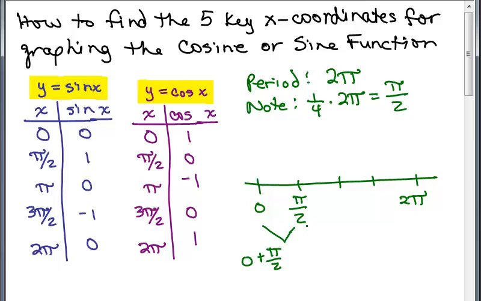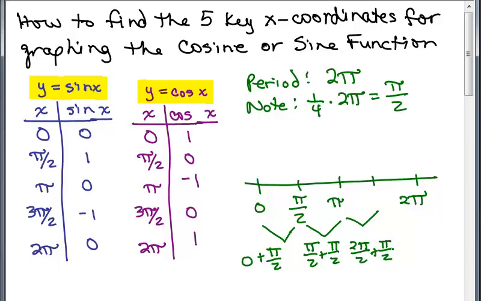Now how would I get the next one? I'm at pi over 2. I add pi over 2 again. I add 1/4 of the period. You could write that as 2 pi over 2 or pi. Now how would I get the next one? I'm going to keep it as 2 pi over 2 here, and I add pi over 2.